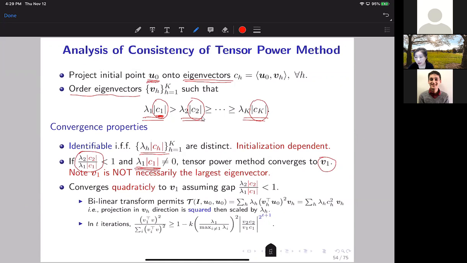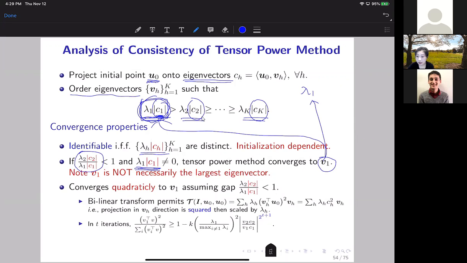This means that you not necessarily converge to the component that has the largest lambda, right? Because V1 does not correspond to lambda1 that is largest. Actually, V1 corresponds to the one where this quantity is largest, right? This quantity is largest. This is what V1 is corresponding to.